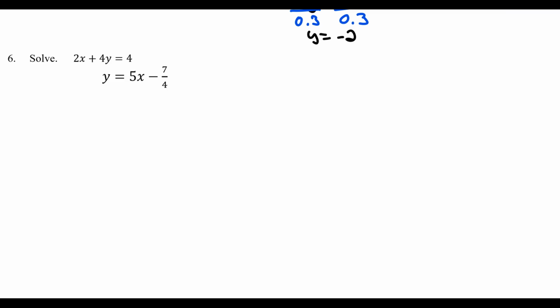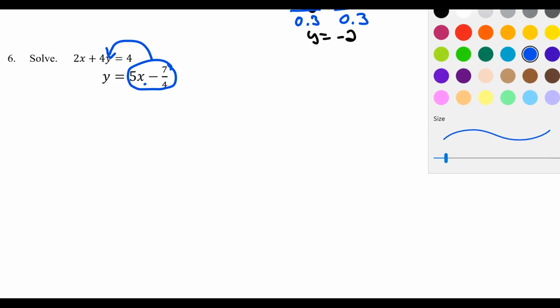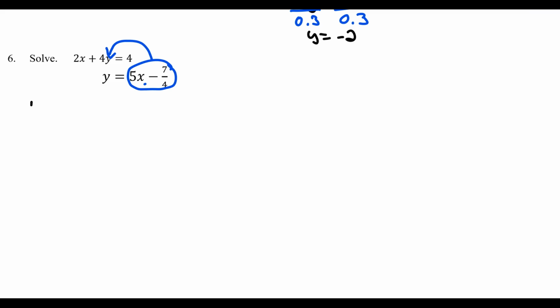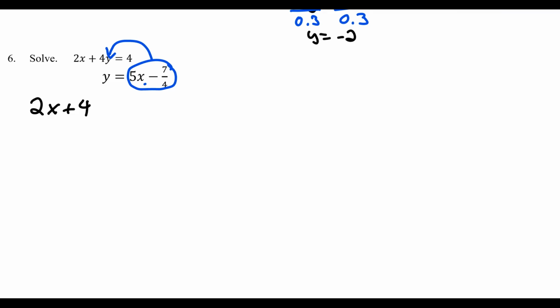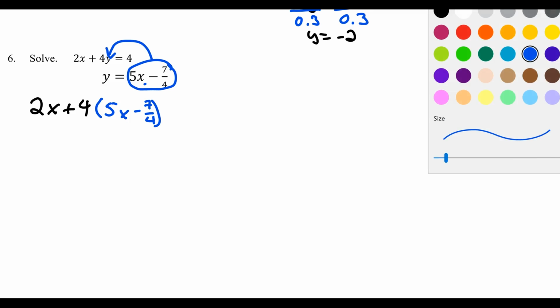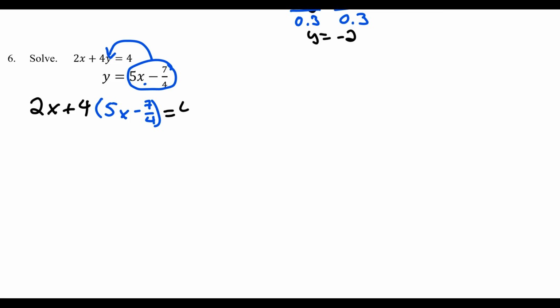So I'm going to take this and plug it into the y here. And so I'm going to end up with 2x plus 4 times, in place of my y, 5x minus 7/4, equals my 4. And I'm going to solve for x.